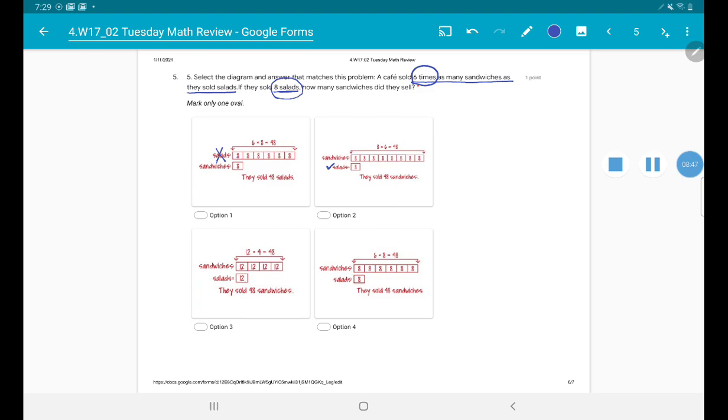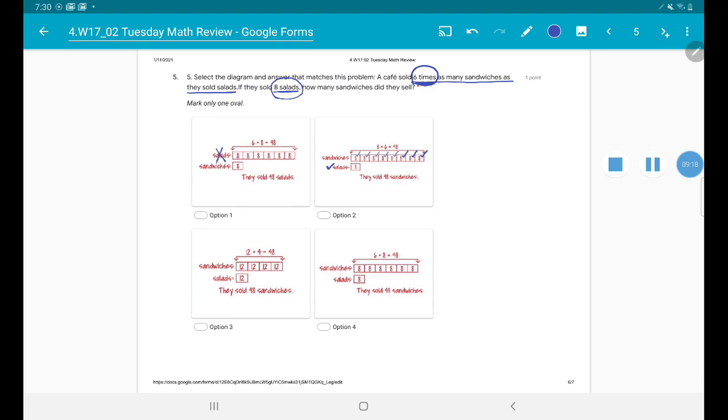And we need to see if they did 6 times 8 for the sandwiches. So here's 1 times 8, 2 times 8, 3 times 8, 4 times 8, 5 times 8, 6 times 8, 7 times 8, 8 times 8. That's not what we want because it says 6 times as many sandwiches. So that's not a correct model.